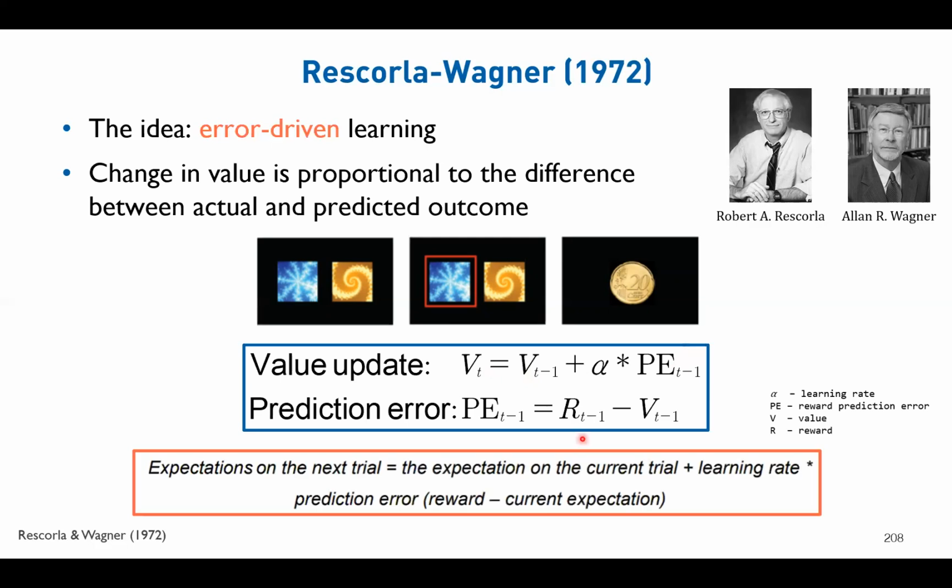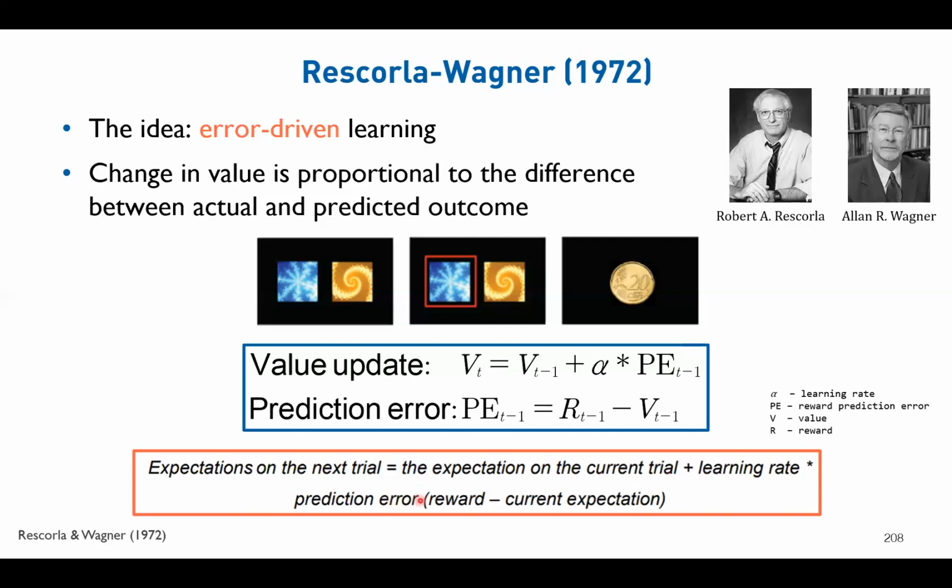These two lines mean that the expectations on the next trial, where expectation means how much you think each stimulus will give you a reward, that's the valuation, right? Expectations on the next trial equals the expectation on the current trial plus a learning rate multiplied with a prediction error.